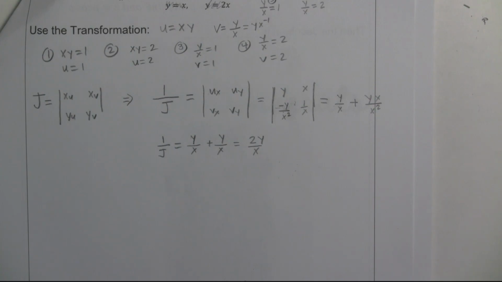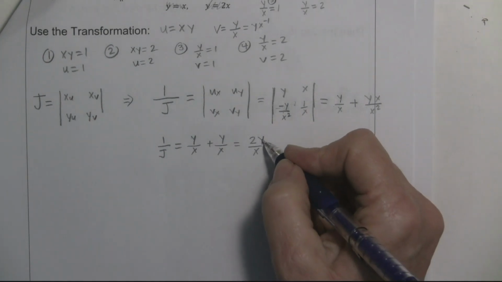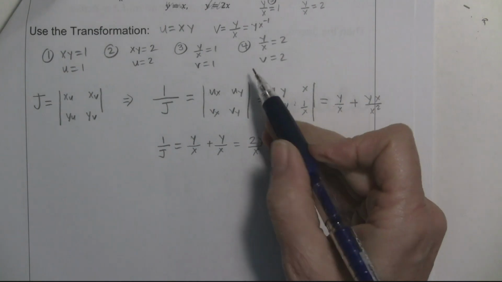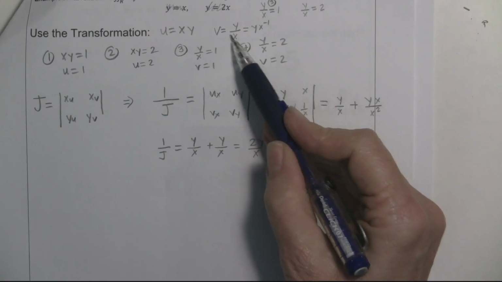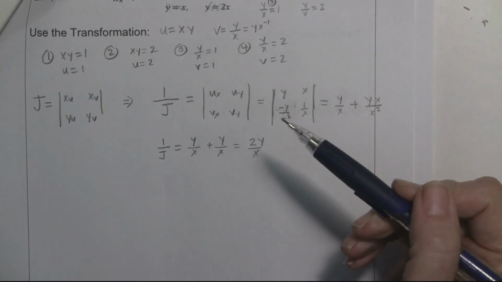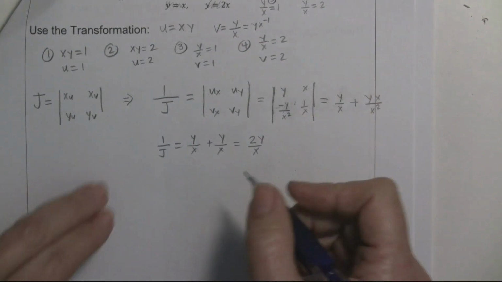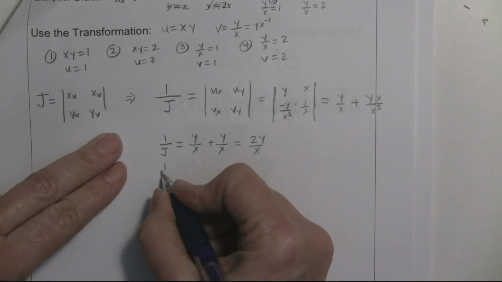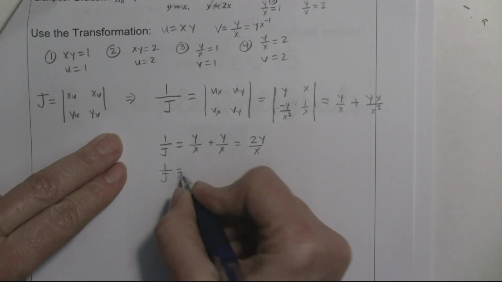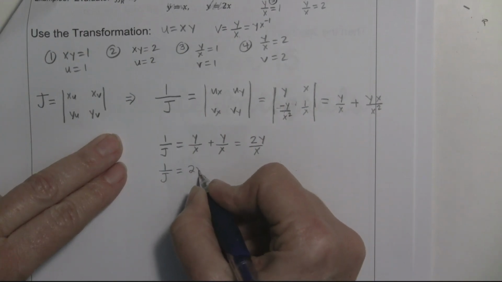I can't help but notice that y over x equals v. So 1 over J, the Jacobian, is equal to 2v.